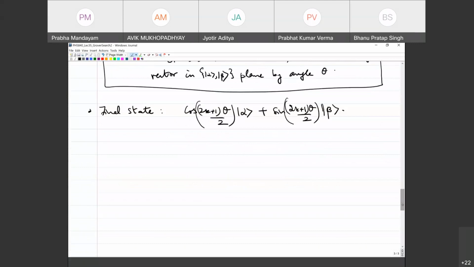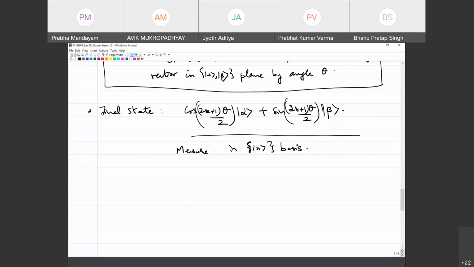This is the final state that I have, and this state is now going to be measured in the standard computational basis, which is the X basis. Because remember, like I said, we do not know the alpha and the beta, right? Those are just convenient ways for us to analyze this state, right? We only know the computational basis, and we know that the solution is going to be one or more of this computational basis, right?